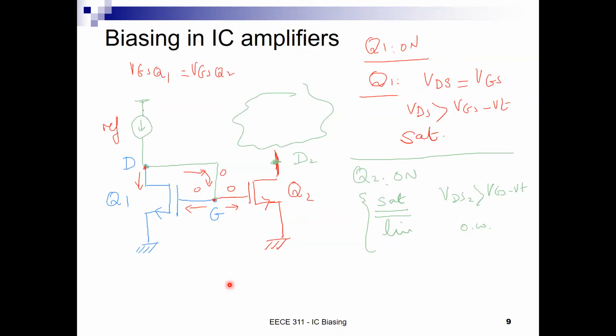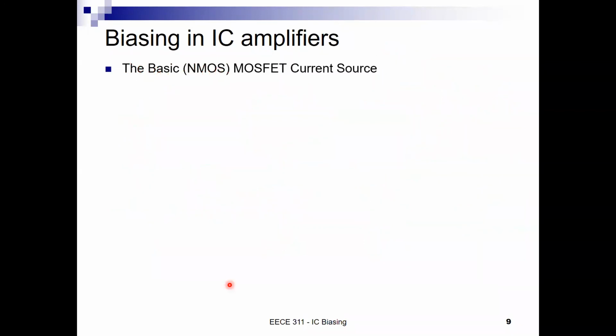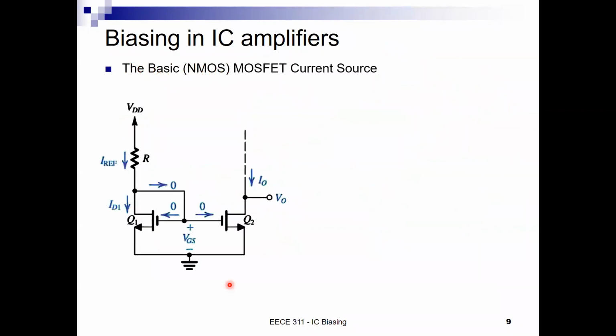Yes, all good. Okay, great. Let's see what happens here. Okay, so we're looking now at an NMOS-based current source, okay? The transistor Q1 is still here. It is connected with a drain connected to the gate, pardon me, and we have a resistor between VDD and the drain to generate the current IREF, okay?